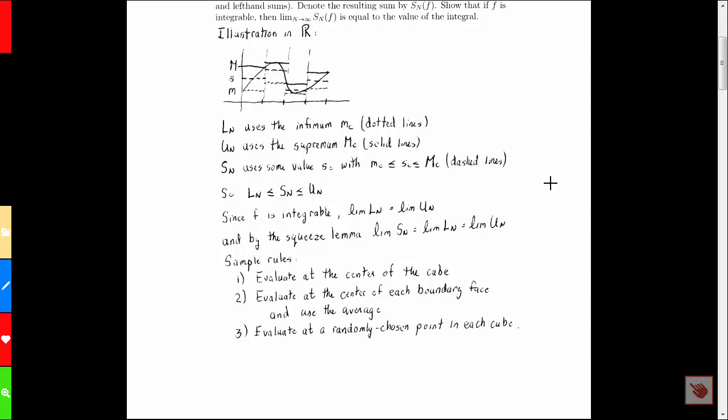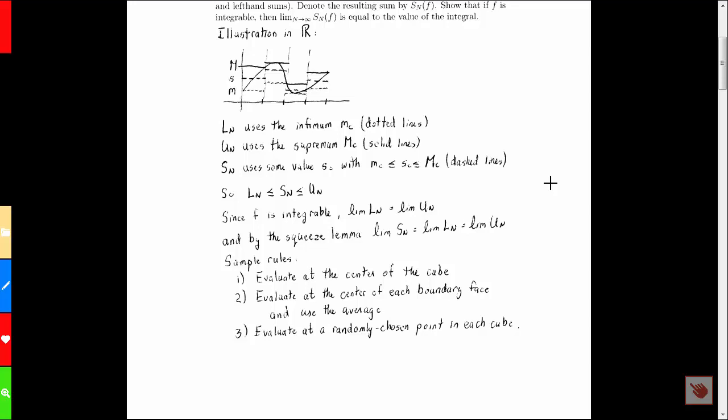To calculate the upper sum, I use the supremum, represented by solid lines. And for any other sum, call it capital S sub n, I'll use a value S sub c in each cube. And that cannot be smaller than the infimum. It cannot be larger than the supremum. I've represented it by dashed lines on the diagram.